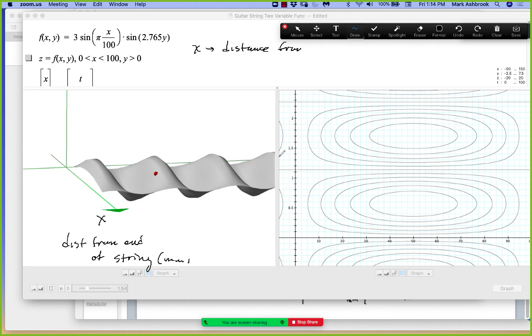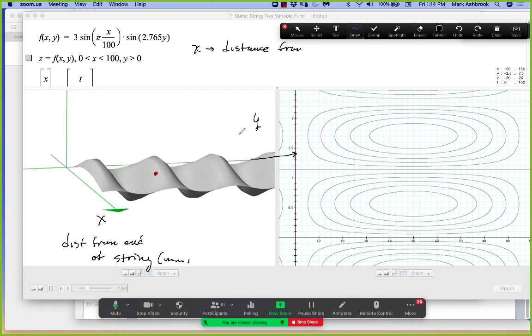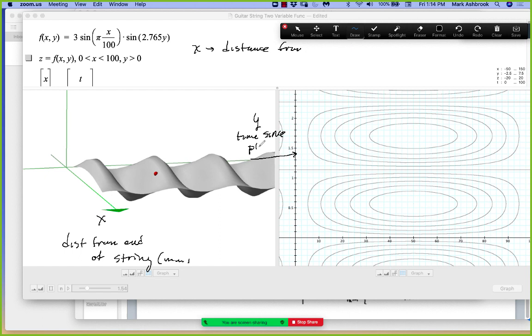And then the y-axis was time in milliseconds. Time since we plucked the string in milliseconds, and that's the y-axis.